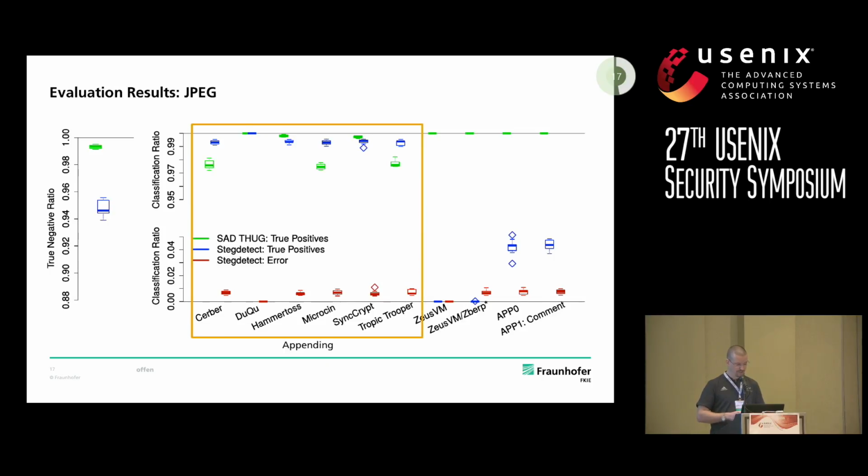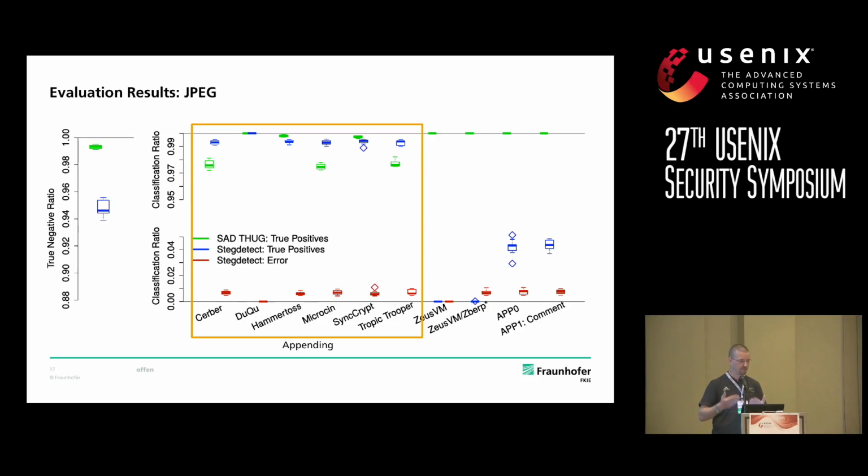When you look at the malware families that use the append approach, I think you can argue that StackDetect is actually having a 100% true positive rate, because you see these error indicators at the bottom, and these correspond to files that were grayscale, and the application simply couldn't parse grayscale images.